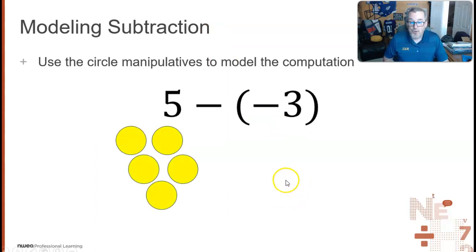Well, here's how it could work. Now, you learned previously in the last module that if I do that, I still have 5 positives and I've just added a 0 pair. And I made the analogy of young children would say there's 1, 2, 3, 4, 5, 6, 7. There's 7 monies because they don't know about value.